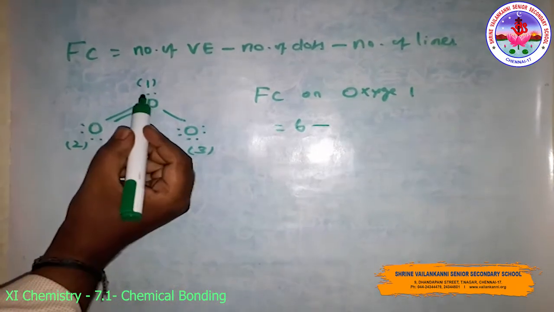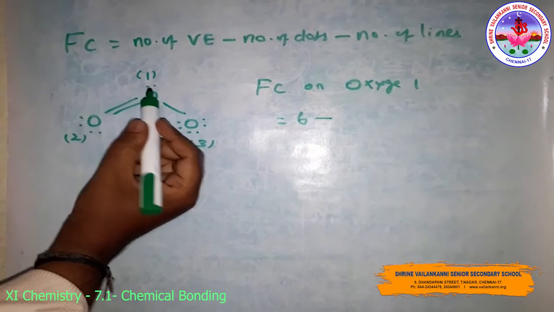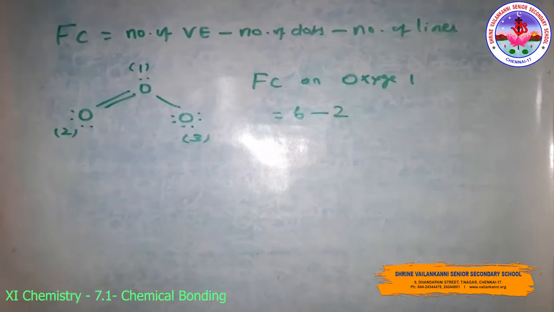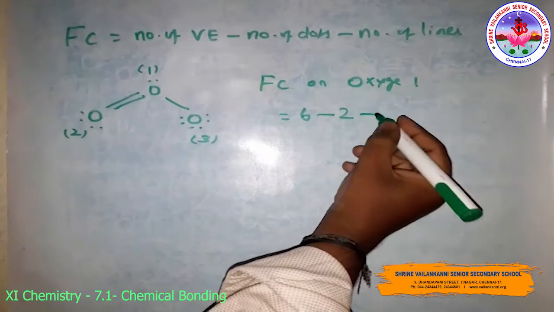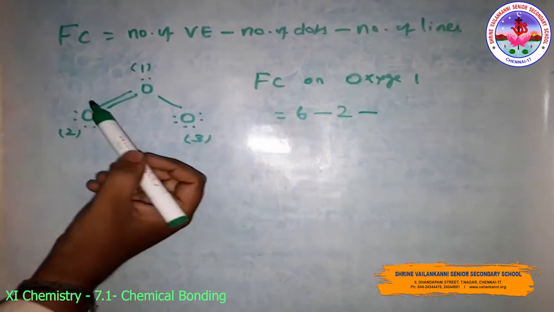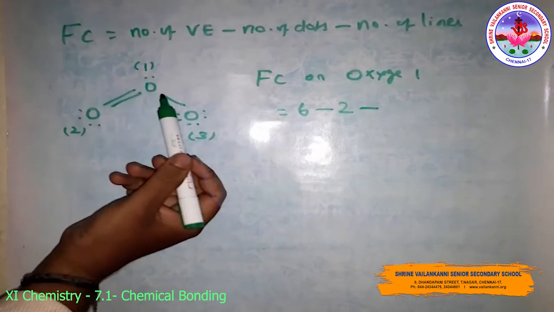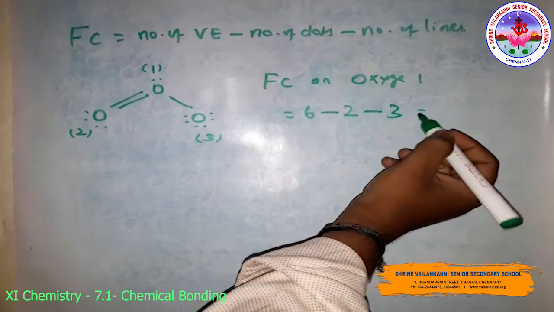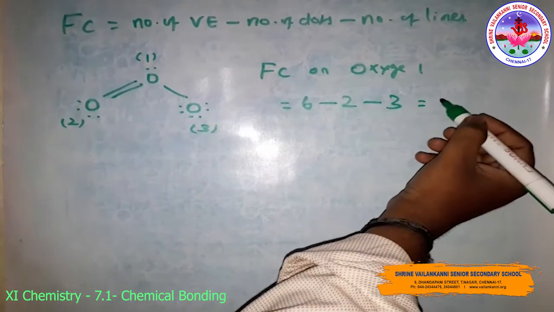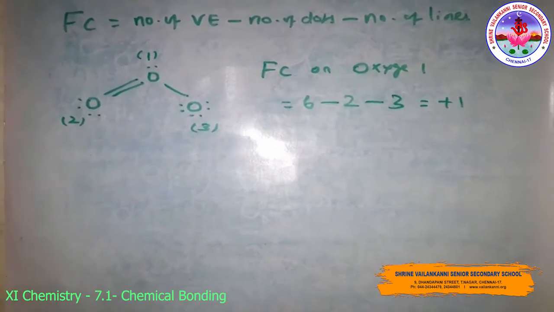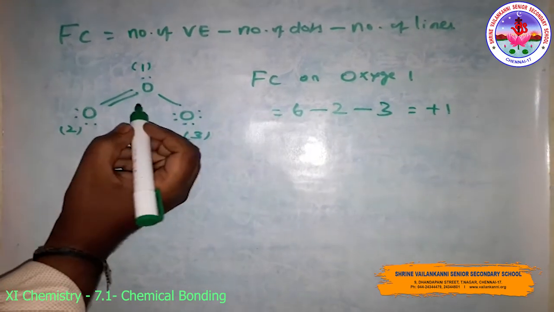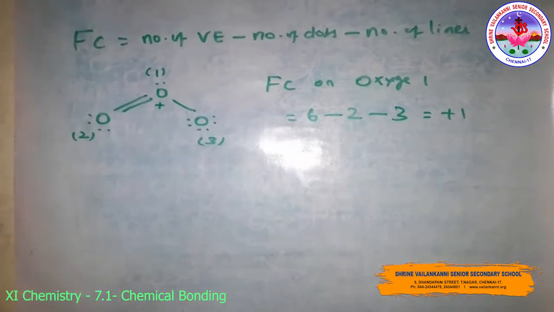Number of dots: here there are 2 dots. Then minus the number of lines. How many lines are joined here? 1, 2, 3, so 3 lines. So 6 minus 5, it is plus 1. So this first oxygen has a plus charge, plus 1.